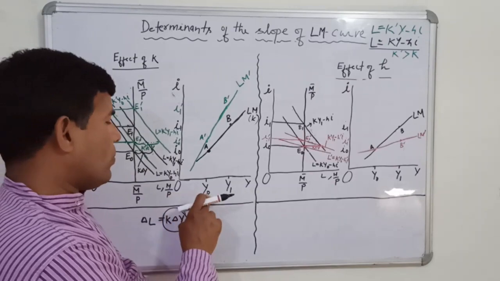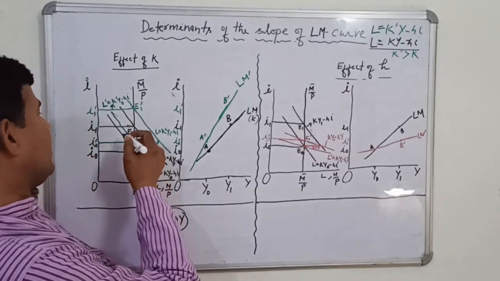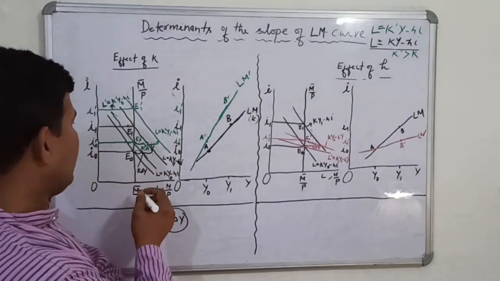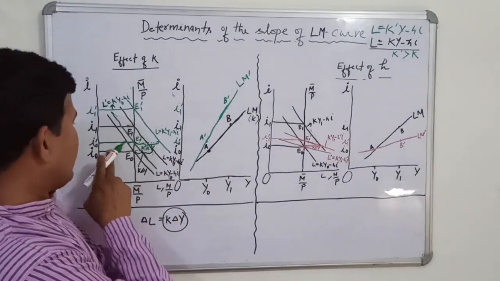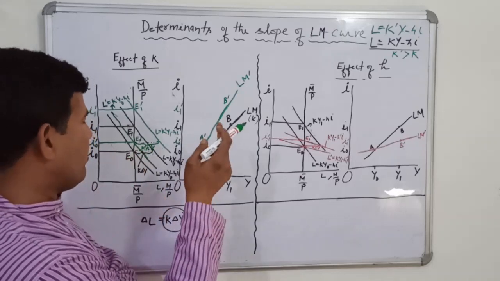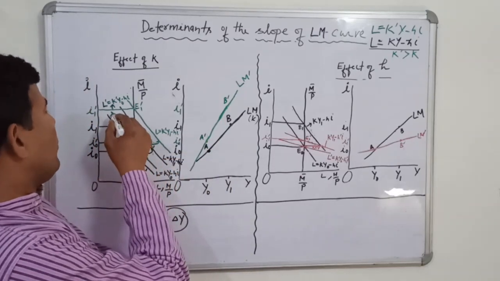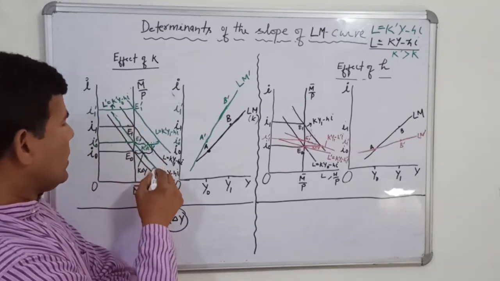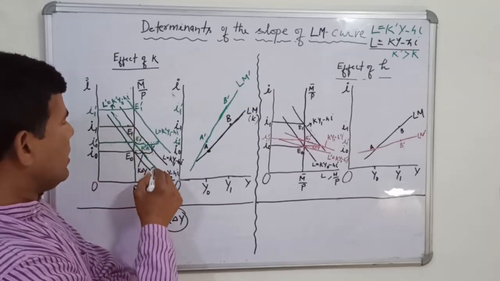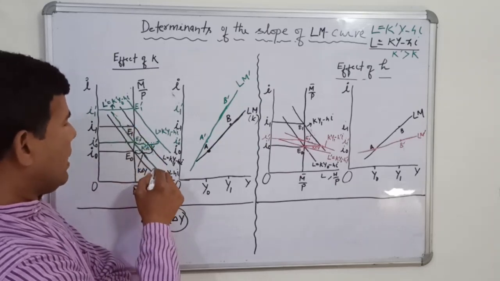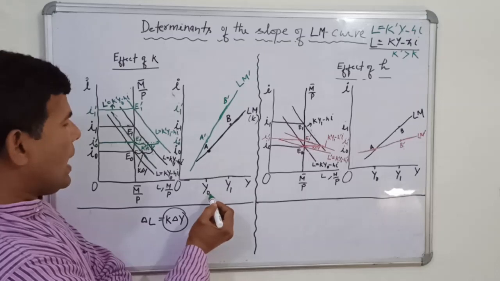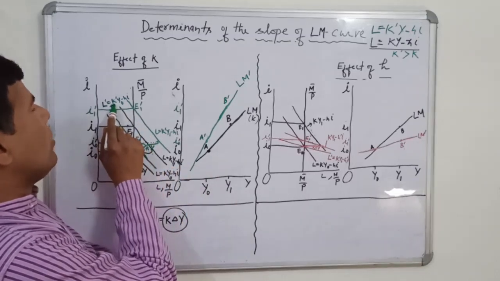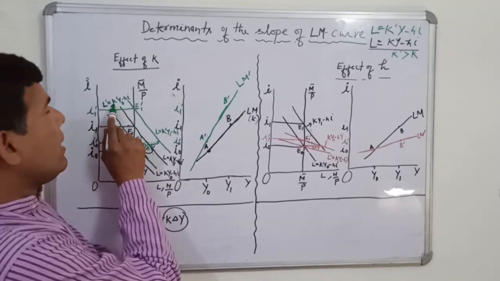So now at Y0 interest rate we get this new money demand line, right? That tells you that at the same interest rate there is higher demand for money because the value of K has gone up. So we have drawn this green line which stands for money demand, corresponding to Y0 income and corresponding to higher value of K, which is written here as K prime.